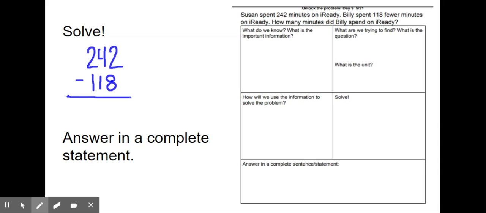And then once I solve it, I cannot forget I must put my answer in a complete sentence. So Billy spent blank, that's where your answer is going to go, minutes on iReady.